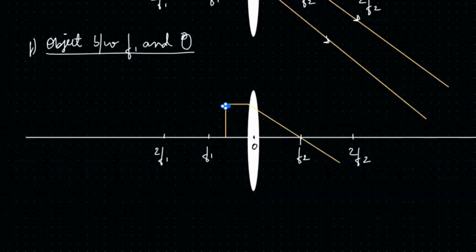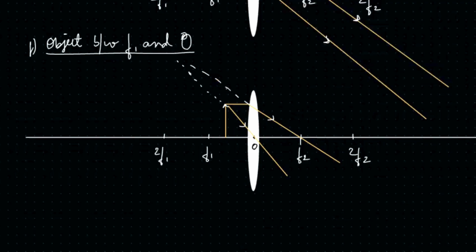Now you can easily see that both the lines are diverging lines and they will never meet. But when you extend these lines backward, they meet at a point.